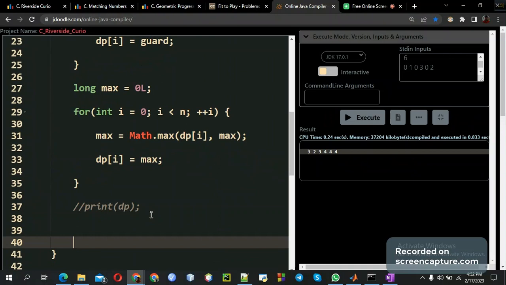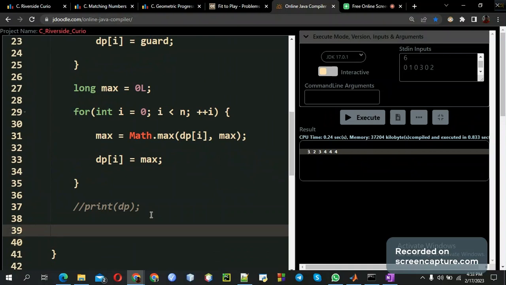What we will have to do at the next level, we have to detect the summation of this array, which will represent the total number of watermarks we will use here.